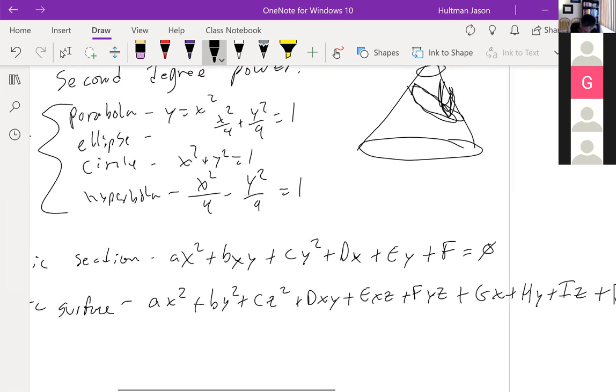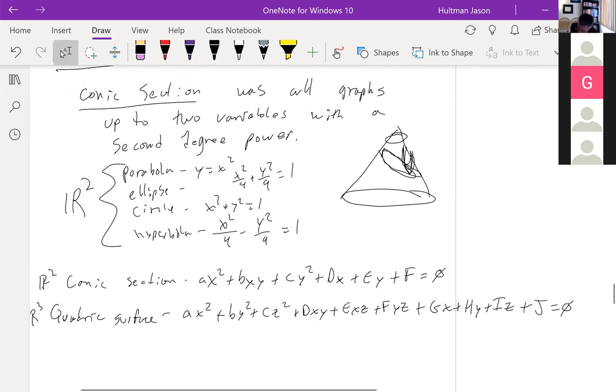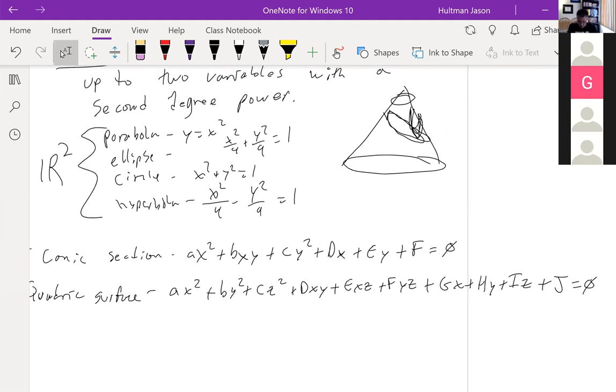So all the combinations. Let's zoom in on that. All the different combinations here.